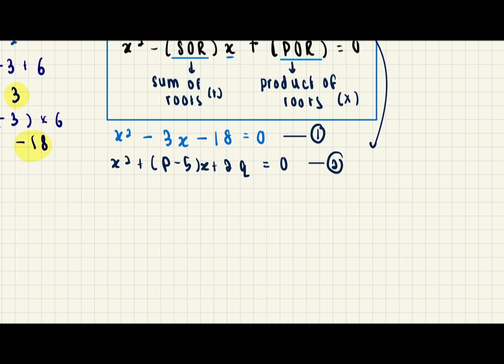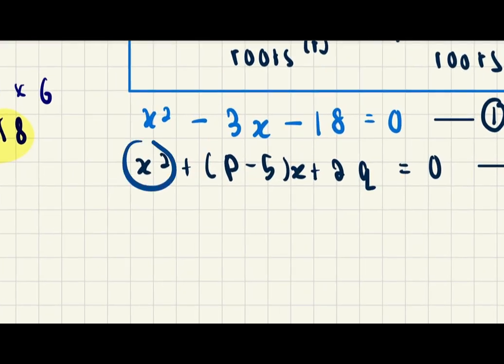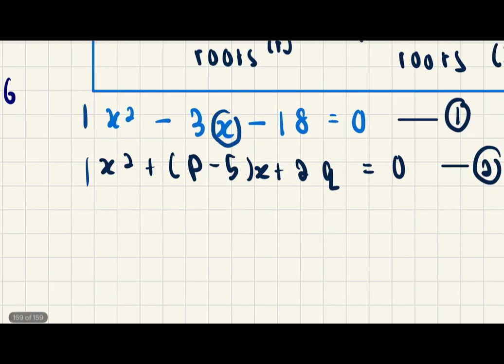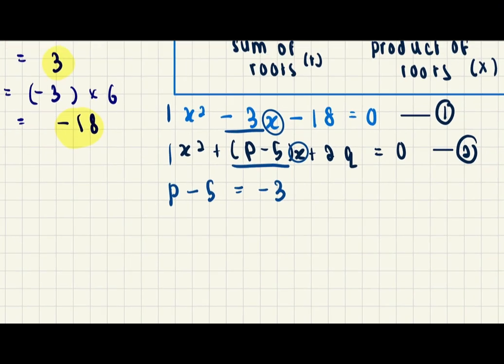So now, what we do is simply use a method in additional mathematics called compare. You compare. So x squared, the value 1 is the same. What about x? The x is the same, but the values must be the same: negative 3 and p minus 5. So we can get the p value from here, because p minus 5 is negative 3.